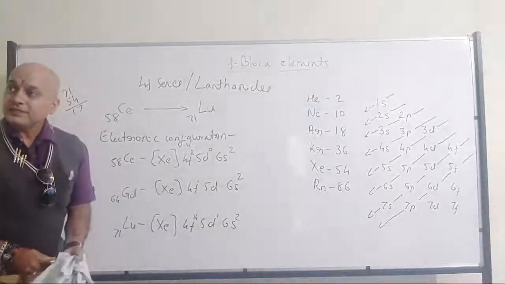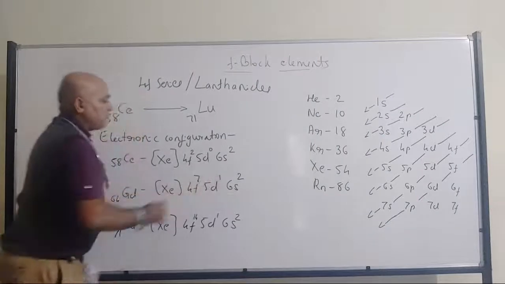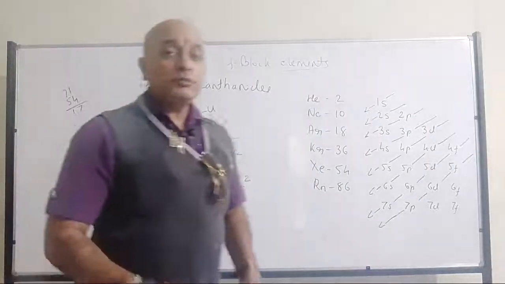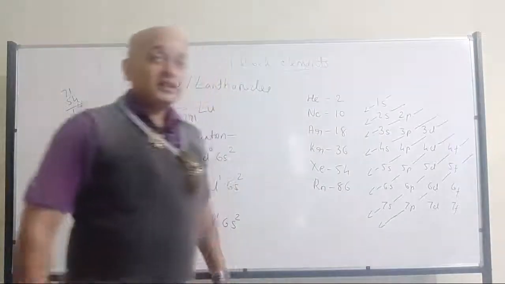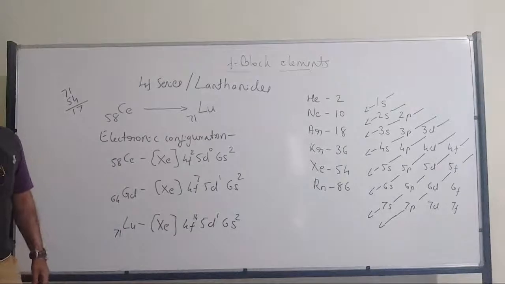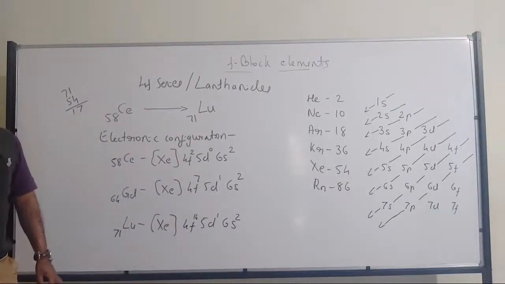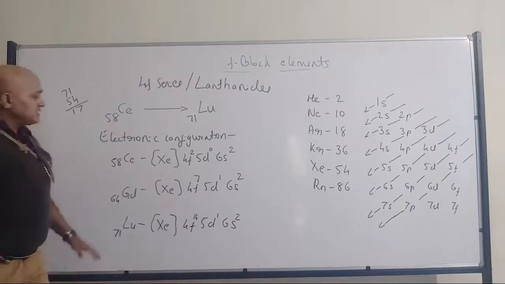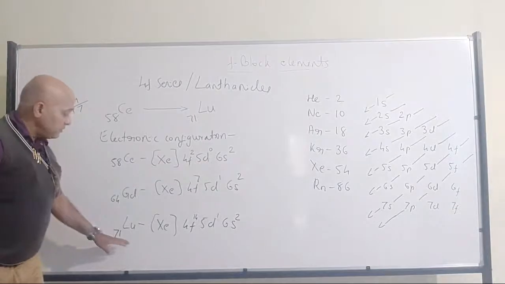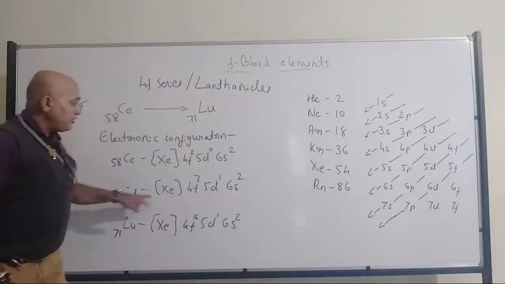Why 7? Because half full. So one electron moves to the 5d, and there is a redistribution of electrons. Therefore, please remember the electronic configurations of cerium, lutetium and gadolinium.